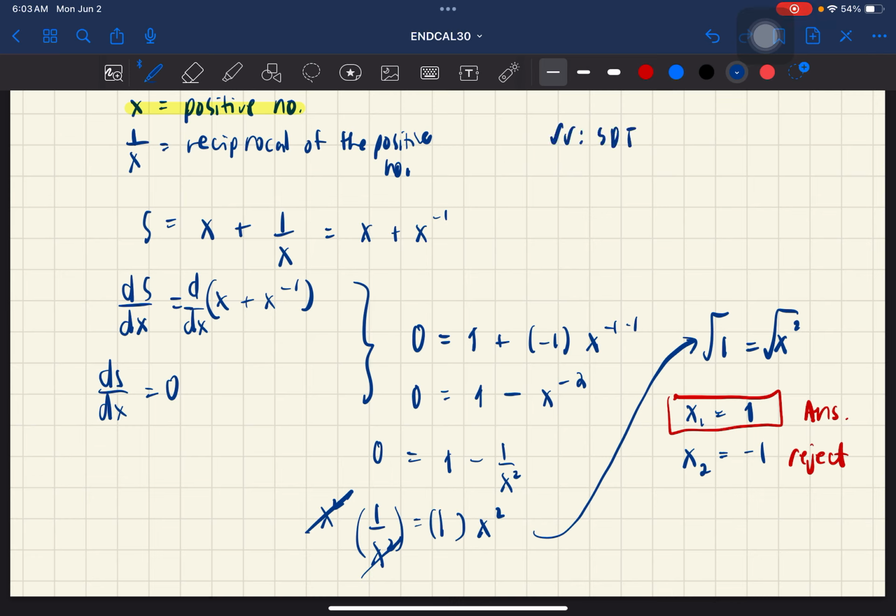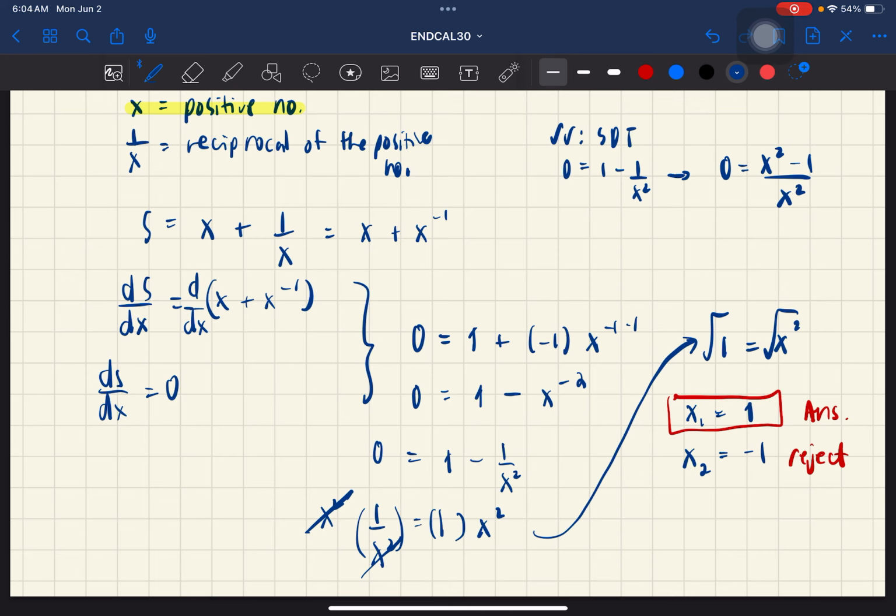So we derive again the equation, but we have 0 is equal to 1 minus 1 over x squared, which is also 0 is equal to 1 minus x raised to negative 2.